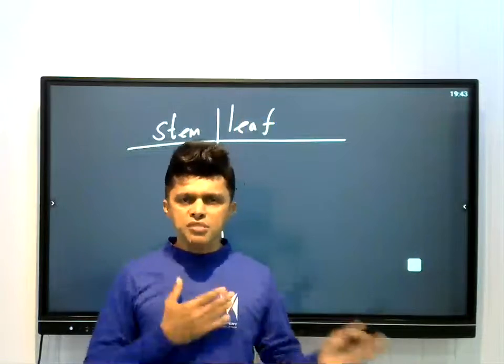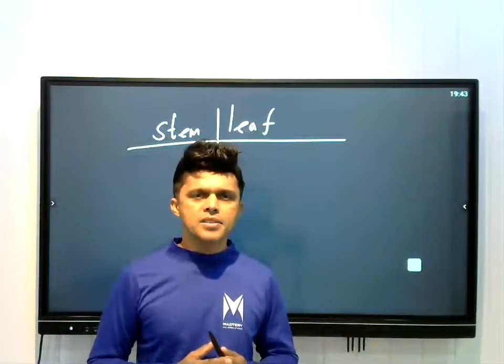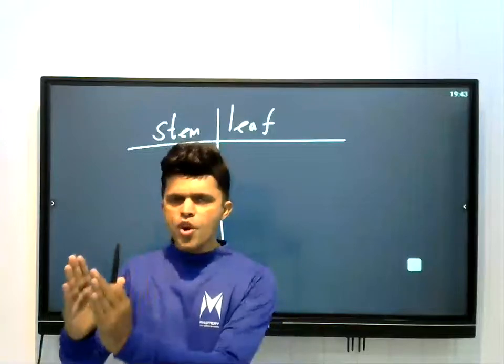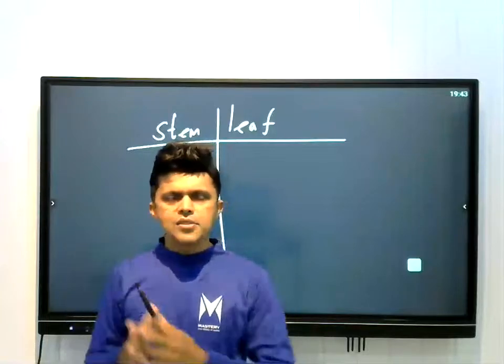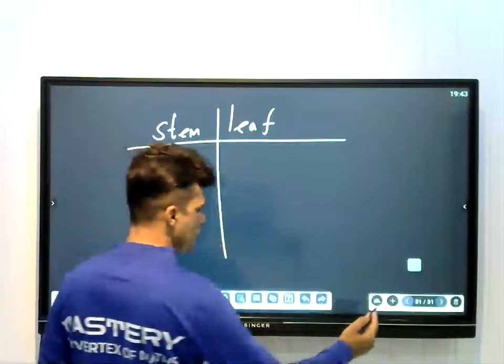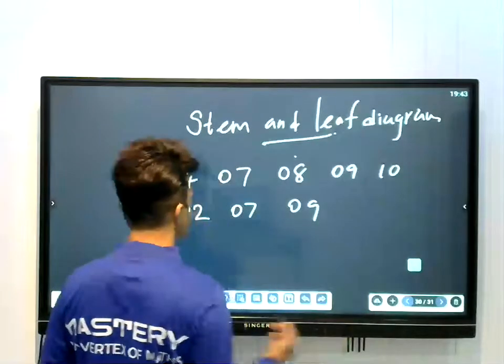Firstly, you need to write the given data in ascending order. Unless you write this data in ascending order, you won't be able to get the answer instantly. So let's write the given data in ascending order.